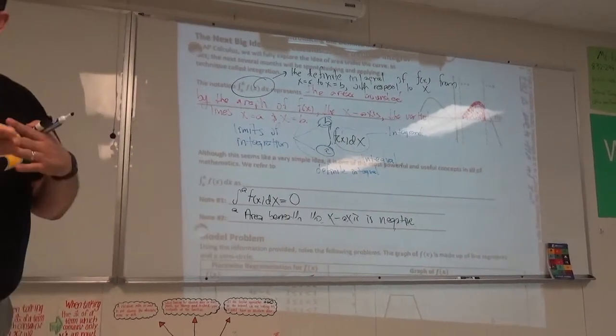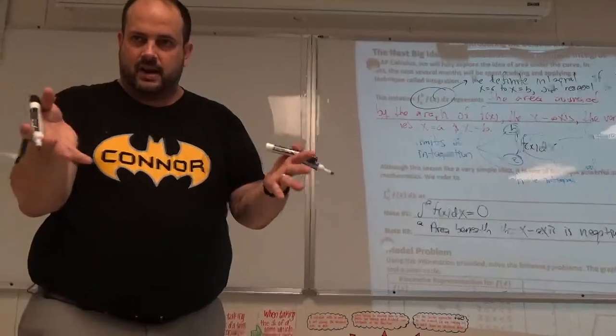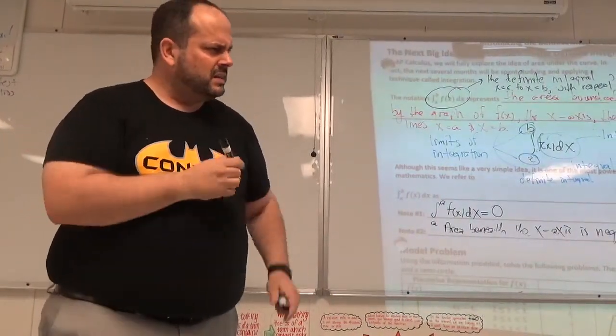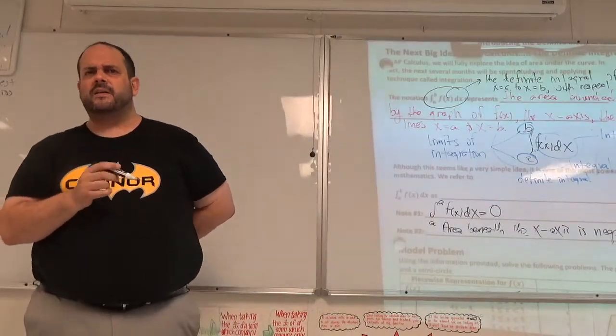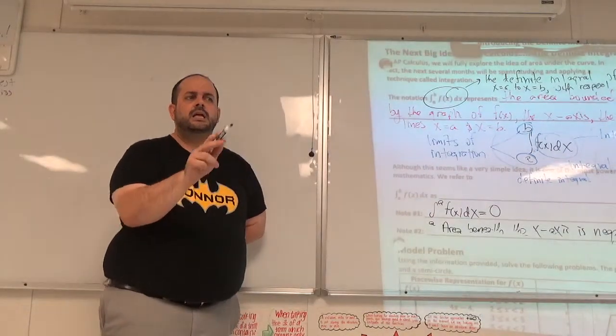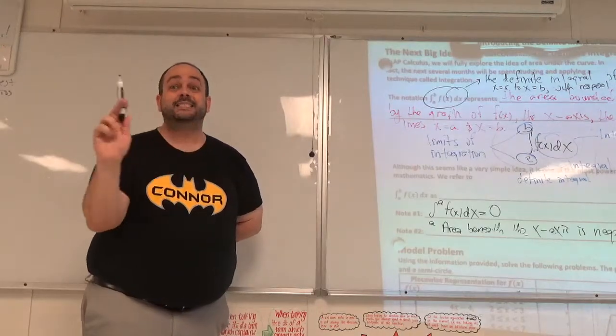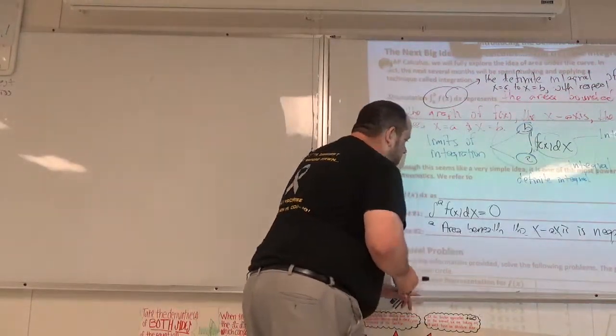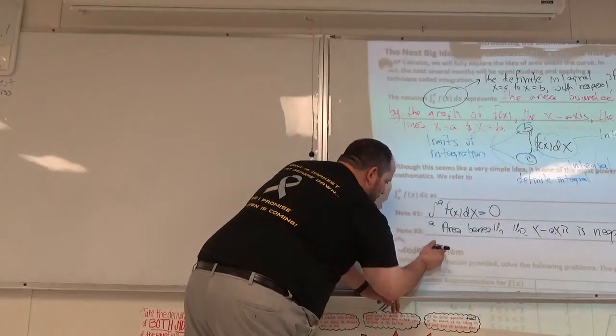Last year, with velocity graphs, the area under a velocity curve means displacement, not distance traveled. Okay, good.